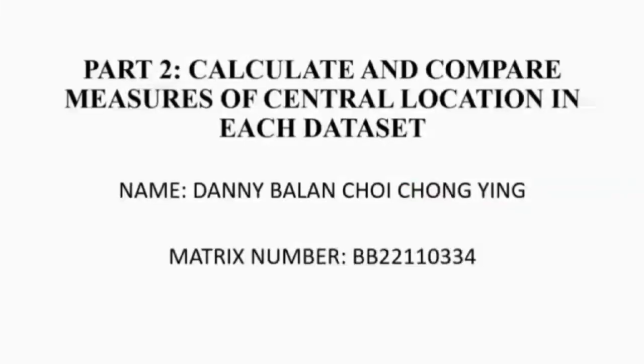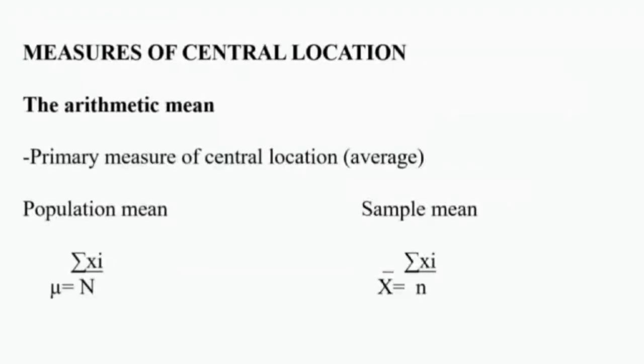Next, I will calculate and compare measures of central location in each dataset. First, we will find the mean. Mean is the primary measure of central location, which is the average of the values.